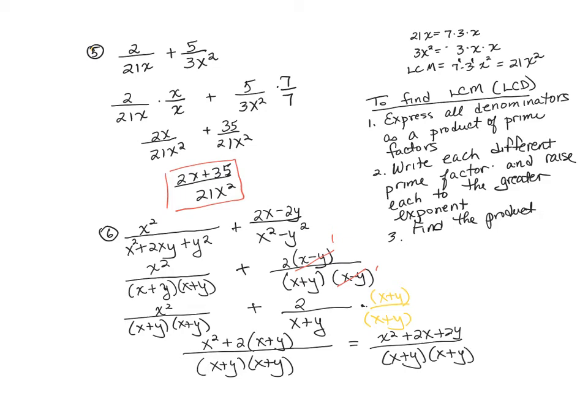Unfortunately, the numerator cannot be factored as is. Even though we could still factor out a 2 and get an x plus y, we still cannot divide through because remember, the major operation has to be multiplication. All addition and subtraction have to be in parentheses. So this is our answer in simplest form, and we are done.